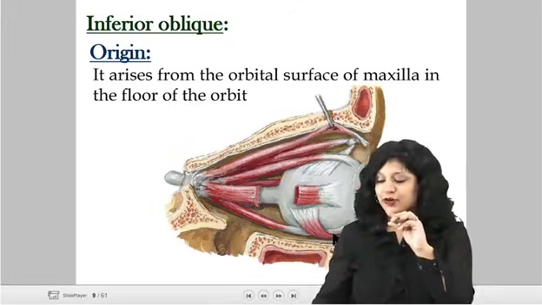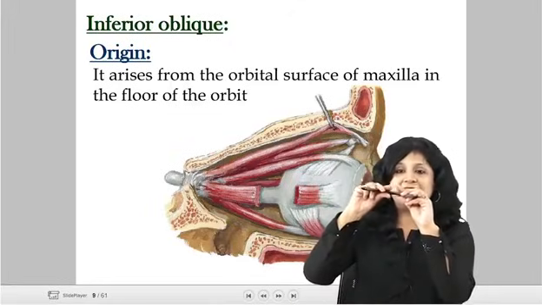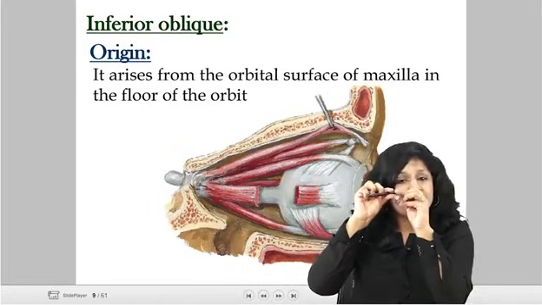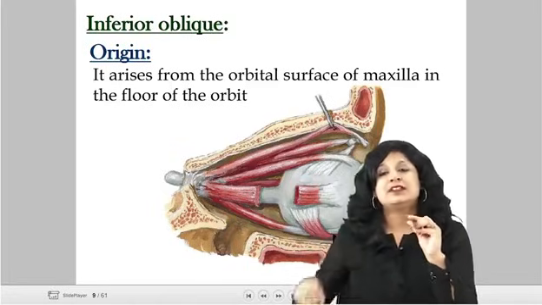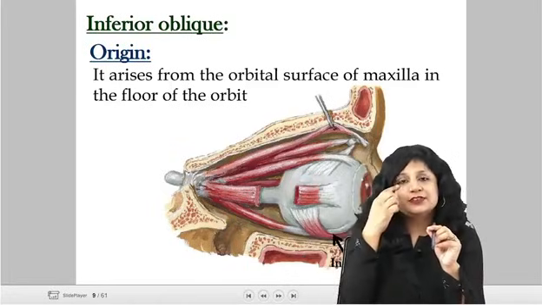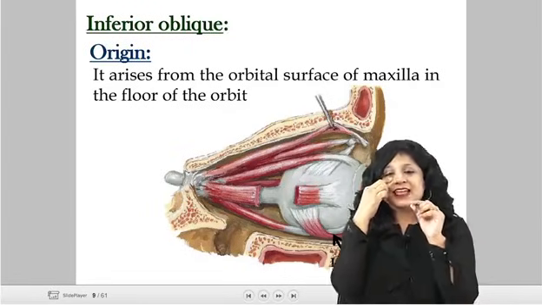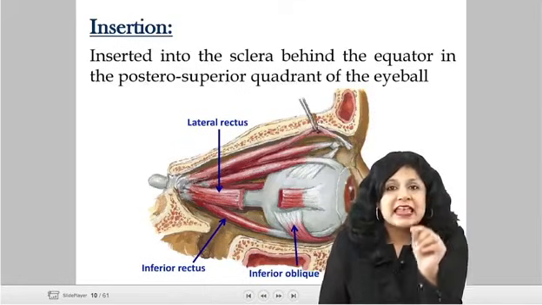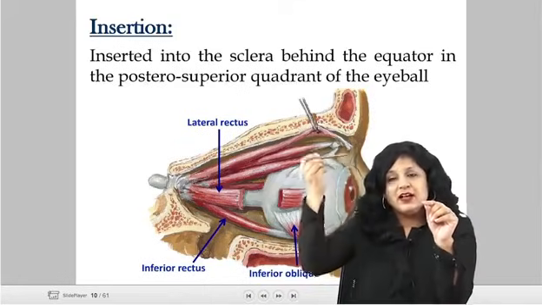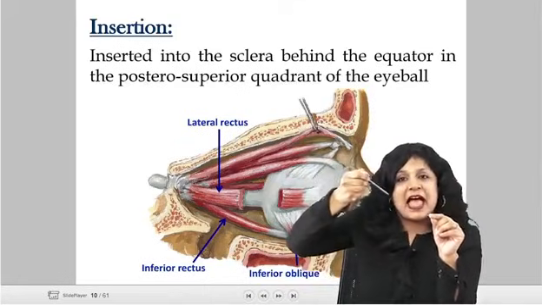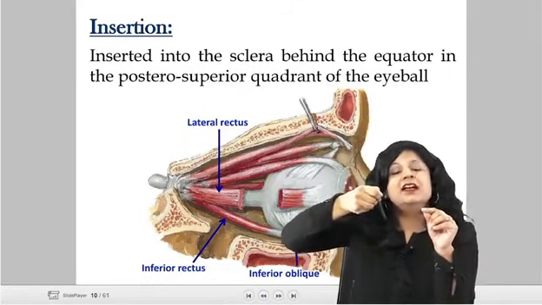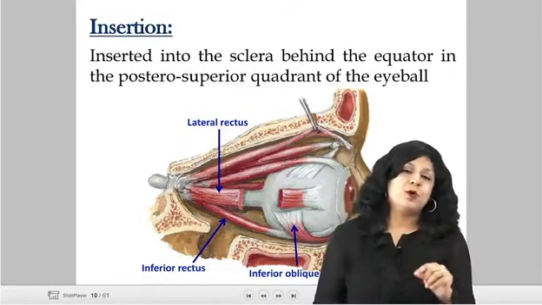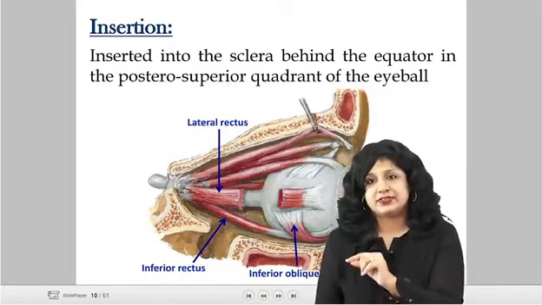If this is your orbit like this, this is coming from the floor of the orbit, from the orbital surface of the maxilla, right? And it is inserting, making an oblique turn, in the posterior part of the eyeball behind the equator.